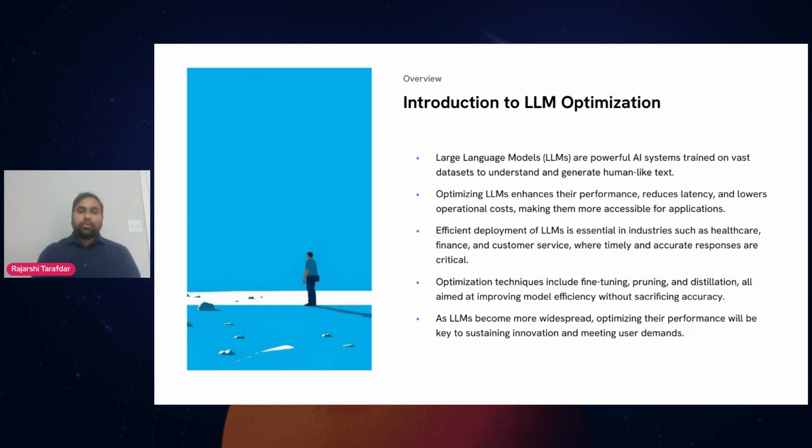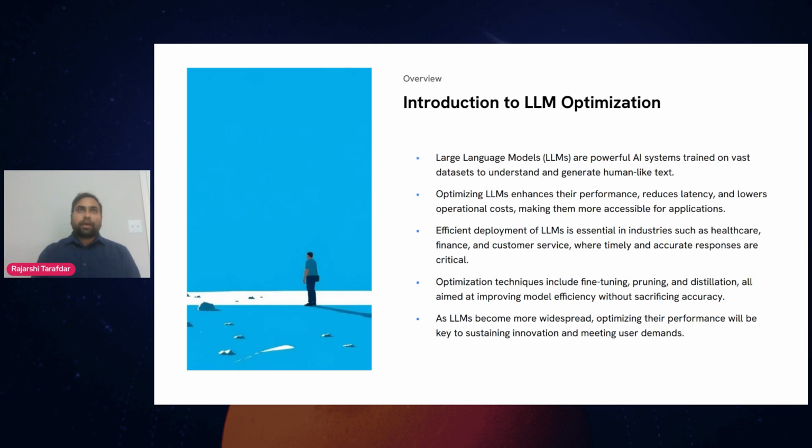So here we'll go through a little bit of the LLM optimization introduction. As I mentioned already, large language models are powerful AI systems that are trained on vast data sets, and they generate a human-like text response, in the form of a human readable response.